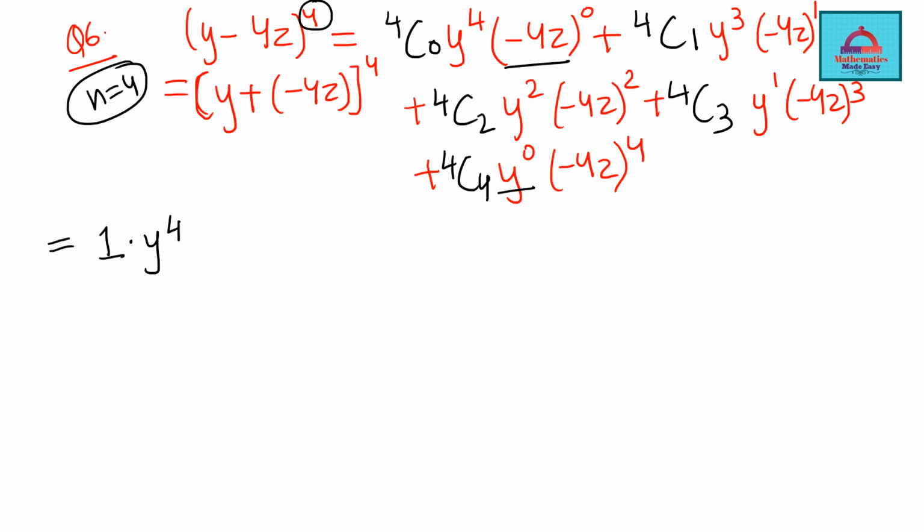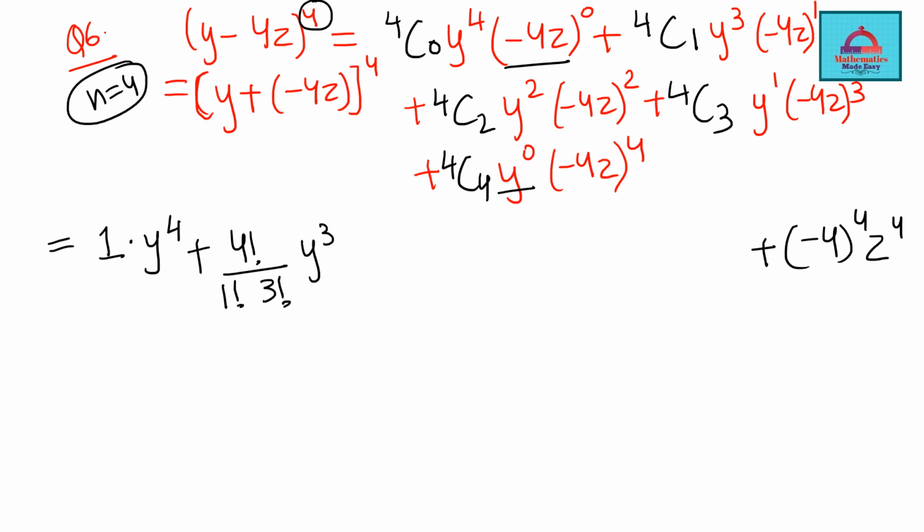So this last term is going to come (-4)^4 z^4. Okay, I have just written the last term. It's going to be positive. Let's write the next term. So 4C1 is going to be 4 factorial over 1 factorial times 3 factorial, y to the power 3, and this is a negative sign. The power is odd, so the result is going to be negative. Then 4C2 is going to be 4 factorial over 2 factorial times 2 factorial, y to the power 2.